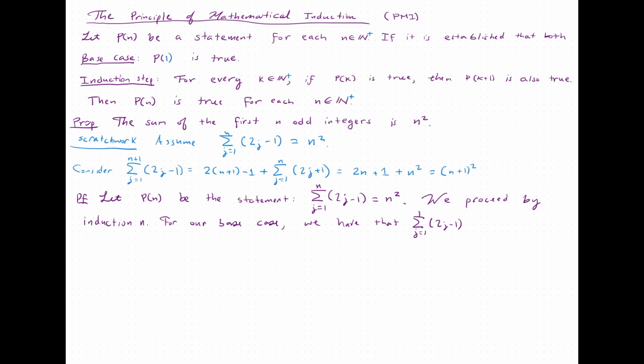I mean, I'm writing everything down, but we can just say 2j minus 1 or 2n minus 1. So this is equal to 1, which is the same as 1 squared, and so P of 1 is true. And so now we have established the base case. We have P of 1.